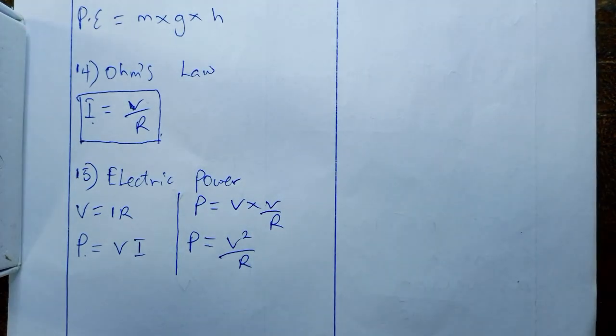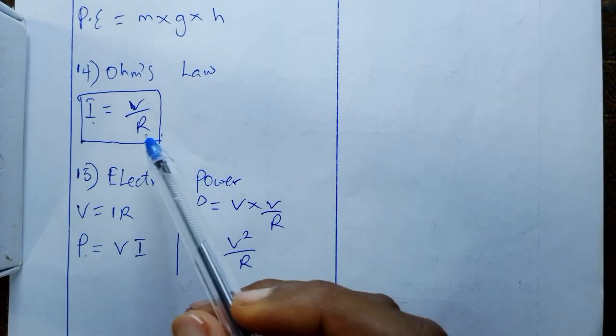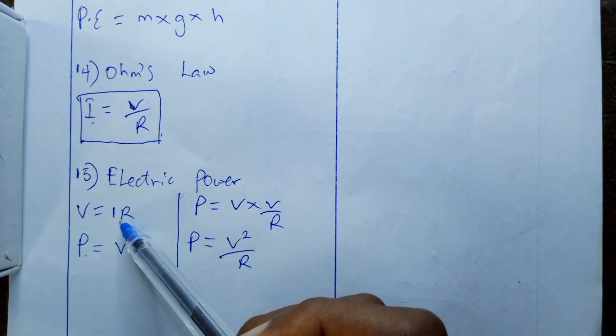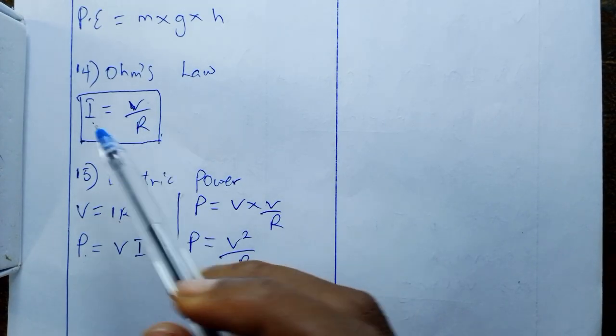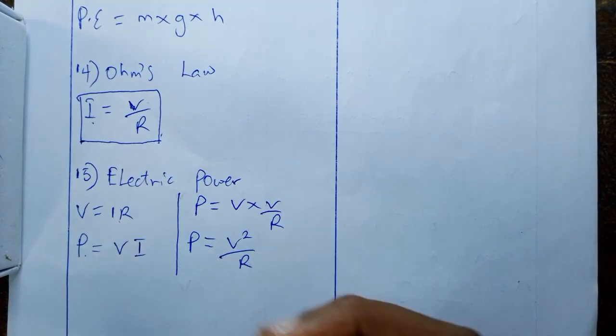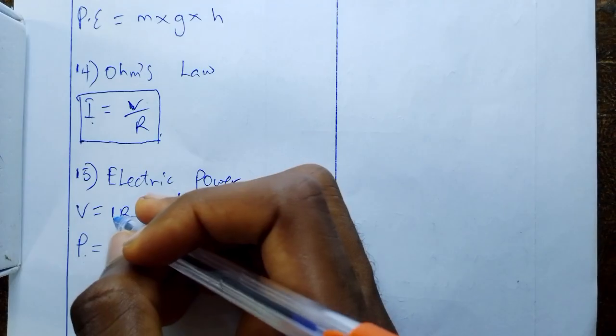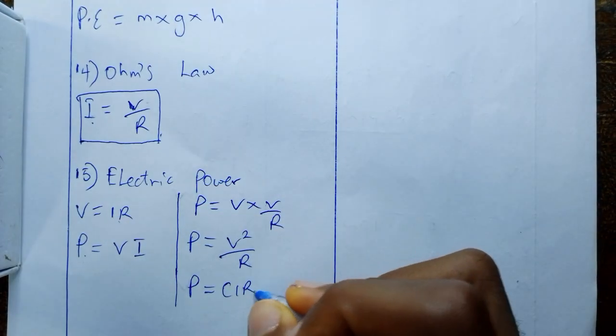And also from our Ohm's law, we said our V is what? IR, right? As you can see from here, V is IR. So from there we can also see our power P equals V, which is IR, times our I here.